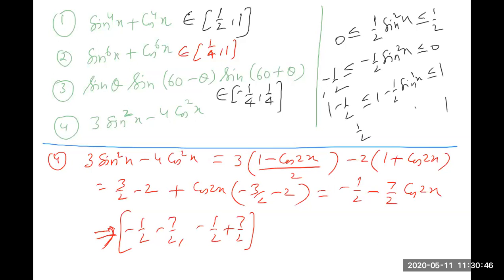When it is 1, it will be minus 7 upon 2, and when it is minus 1, it will be plus 7 upon 2. So what will we answer? Minus 7 minus 1, minus 8 upon 2, minus 4, comma, 7 minus 1, 6 upon 2, 3. This will be the answer of this: minus 4 to 3.